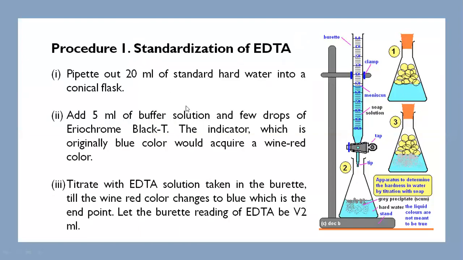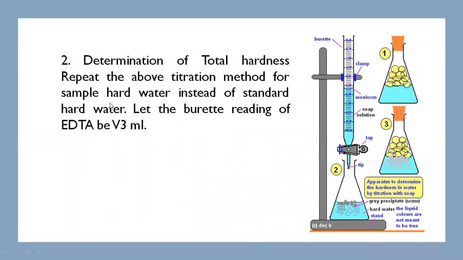Now the second step is determination of total hardness. The initial step is repeated as we discussed in the last slide. Repeat the above titration method for sample hard water.